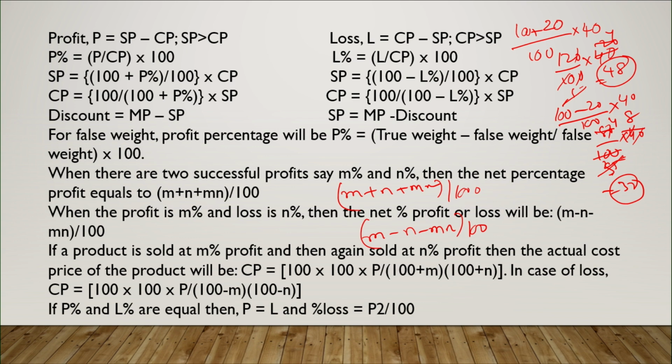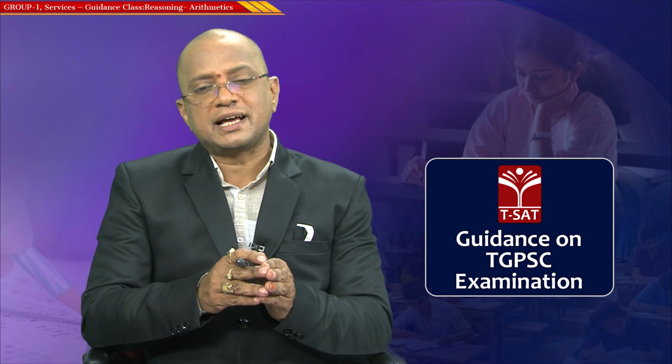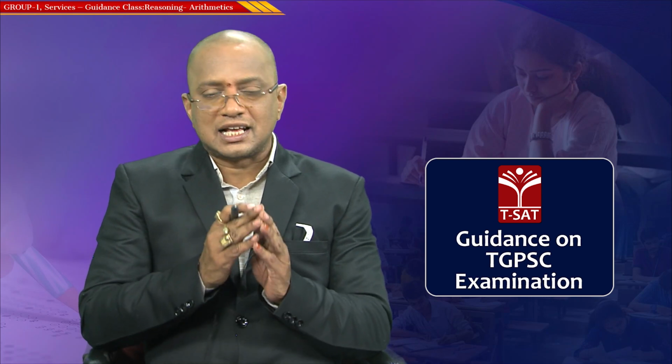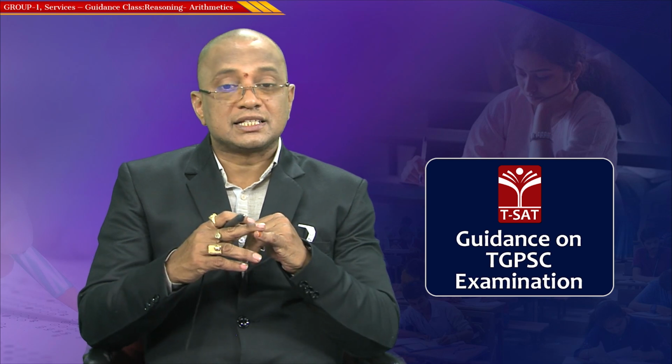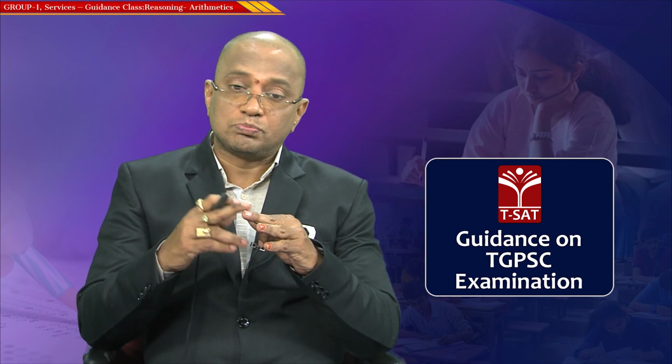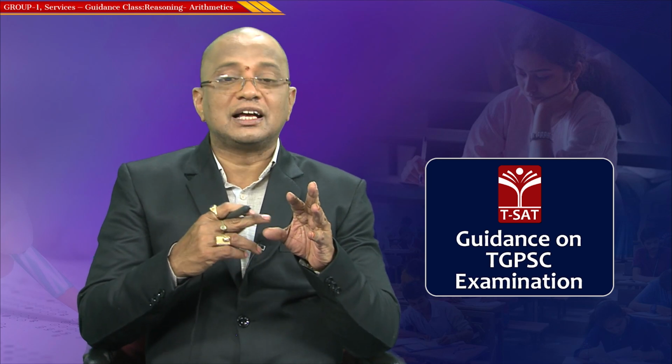If p% and l% are equal, then p is equal to n and the percentage of loss is p square by 100. So, these are the few formulae to calculate the cost price or selling price, profit percentage, loss percentage. Here there are 4 quantities: cost price, selling price, profit percentage, loss percentage, of course profit and loss.